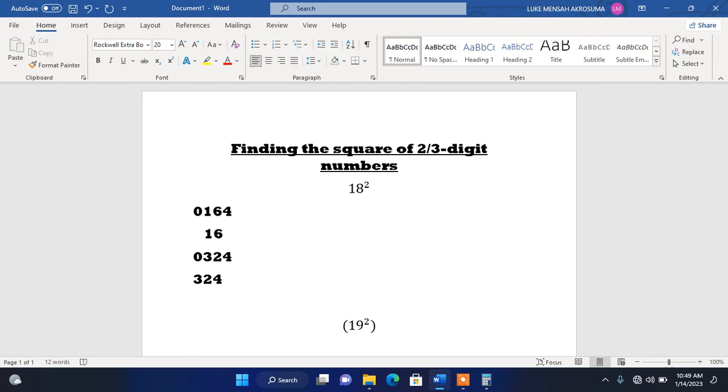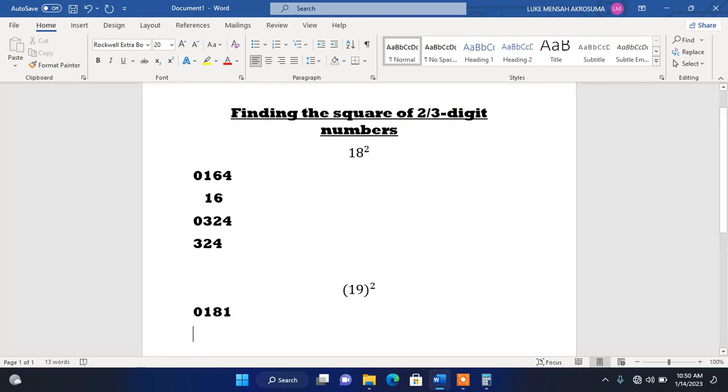Now the approach is to first of all find the square of 1, which we write in this form, 0, 1. Then we find the square of 9, which is 81. Write it in that form, a 2-digit number.